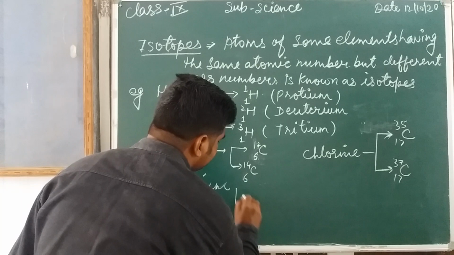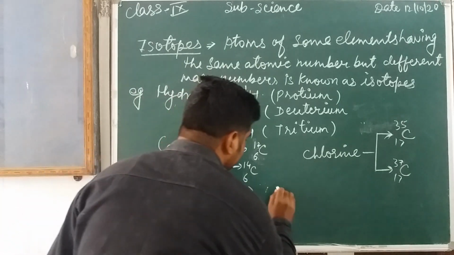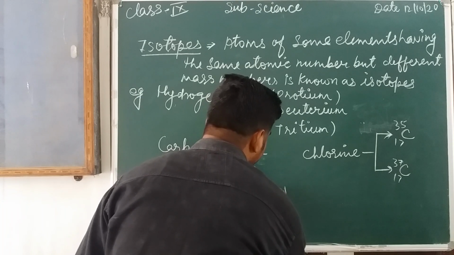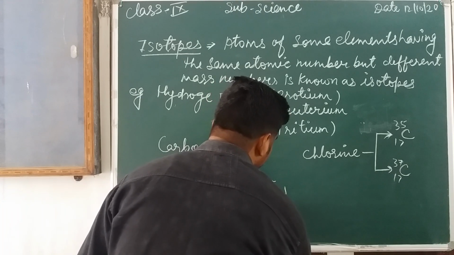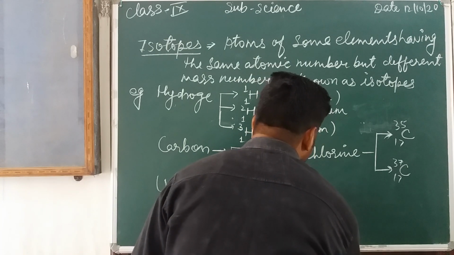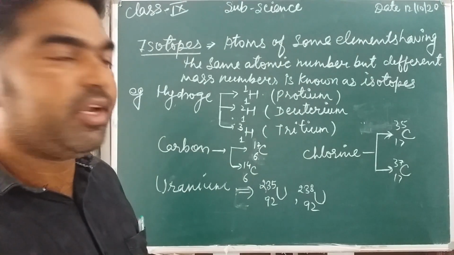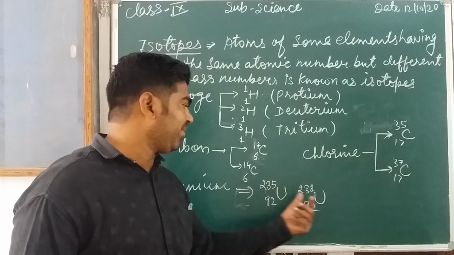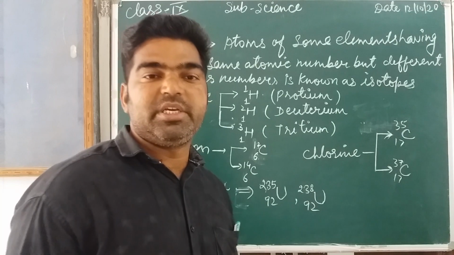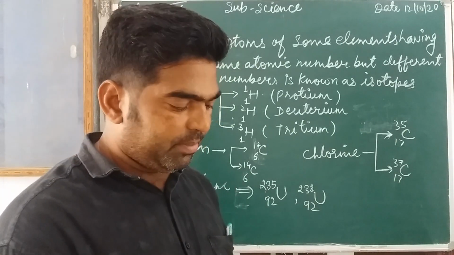Uranium also has two isotopes, uranium-235 and uranium-238. These are the two isotopes of uranium. They are used in nuclear reactors to generate power or electricity.